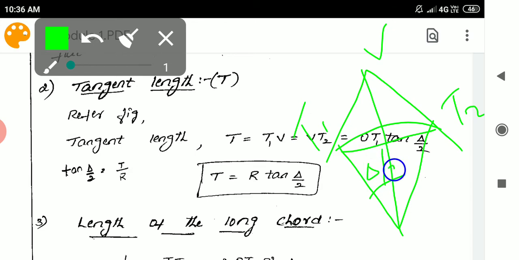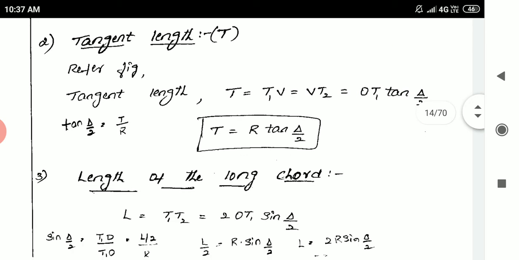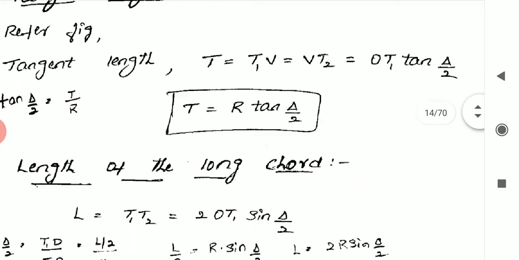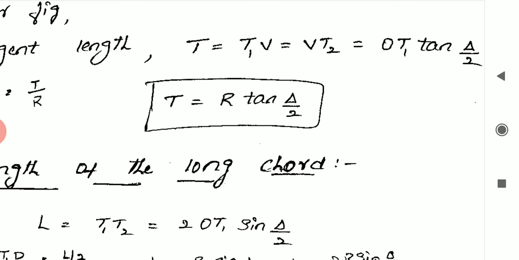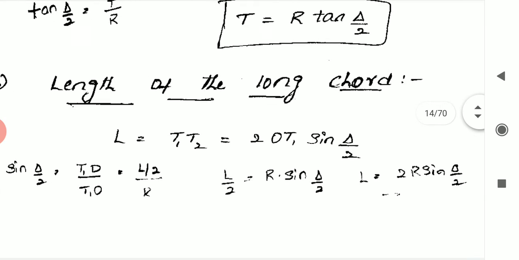So tan delta by 2 equals T by R, where T1V and T2V are T. So T equals R tan delta by 2, that is nothing but the tangent length.